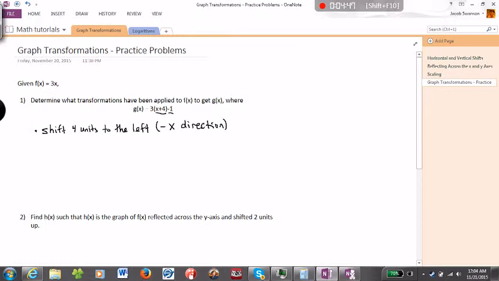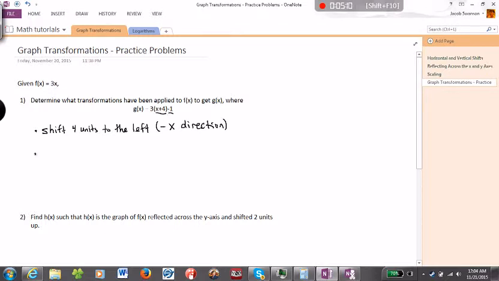The other one has to do with this negative 1, which is outside of x. In other words, it's not subtracted directly from x itself, it's subtracted from the function as a whole. So this indicates a vertical shift. And since it's negative, this is the intuitive one, so a negative indicates a downward shift.